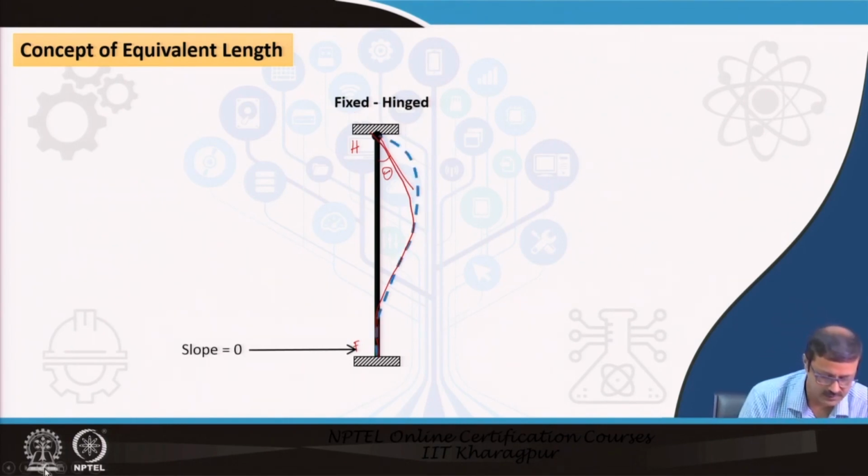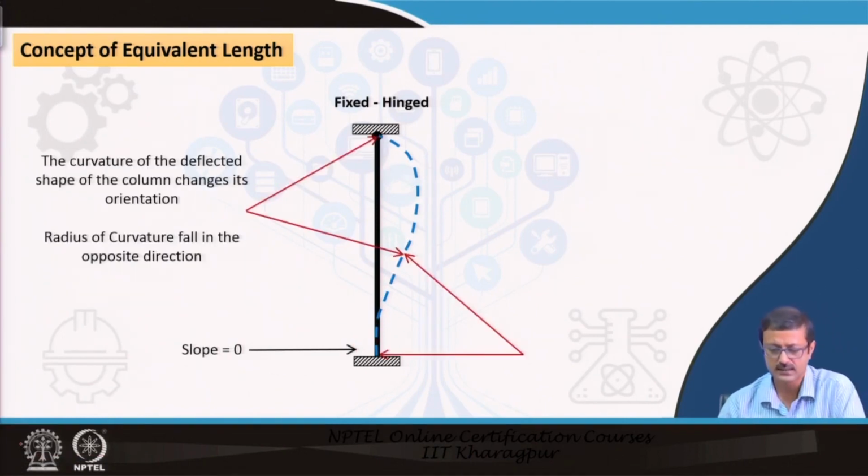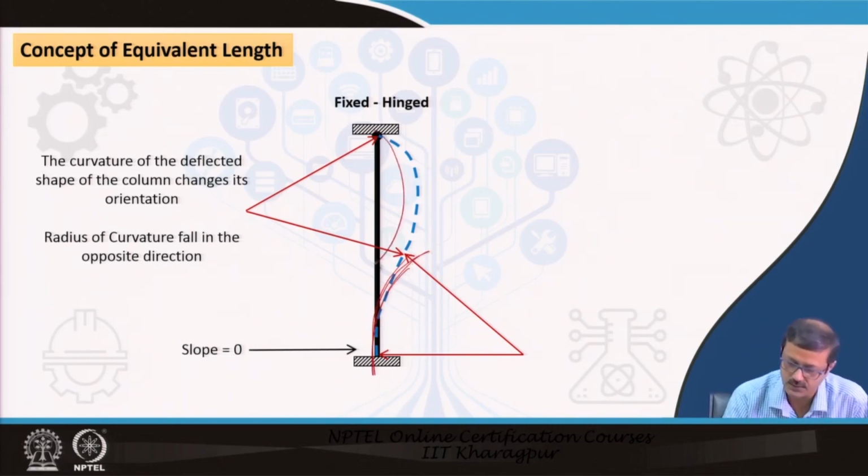So, let me erase this. After this deflection curvature, I can see that this curvature is having different orientation. The curvature of the deflected shape of the column changes its orientation. So, see the radius of curvature: this is this way and this is this way. What does it mean?